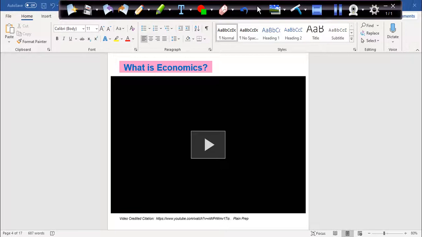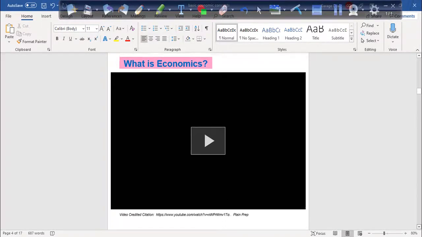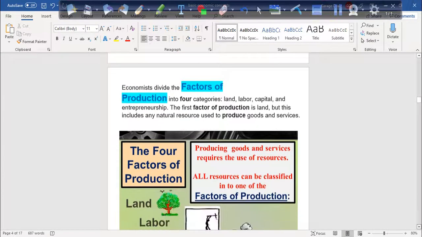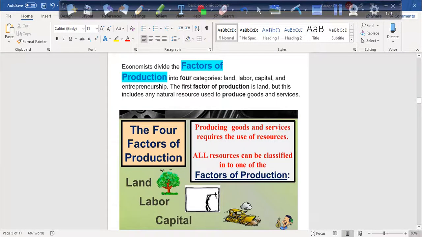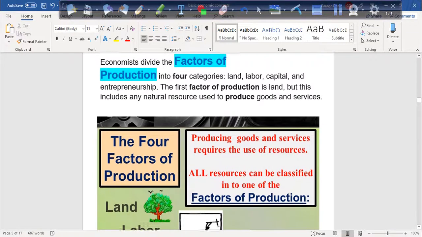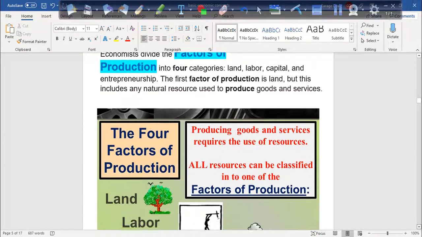Let's scroll down on the slides. And we've discussed this, but we're going to pull the slide up anyway. So the factors of production, we talked about it. Let's bring this back up to 100%. And so we've already discussed the 4 factors of production. Okay, let's slide it up a little.